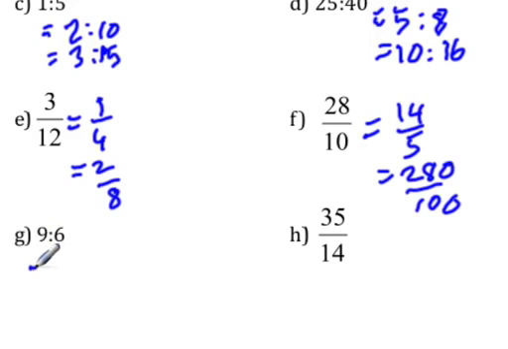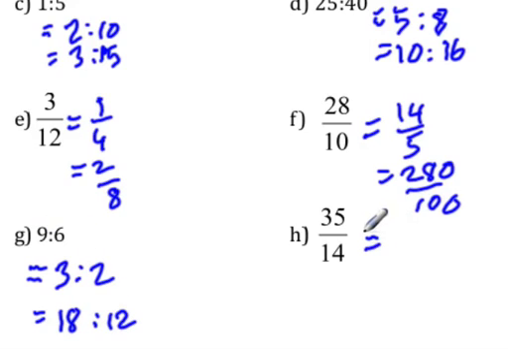If we're going to reduce this one, this is going to be 3 to 2, because both 9 and 6 are divisible by 3. We could have also put 18 to 12 if you doubled both 9 and 6. And for this one, 35 and 14 both have a common factor of 7.